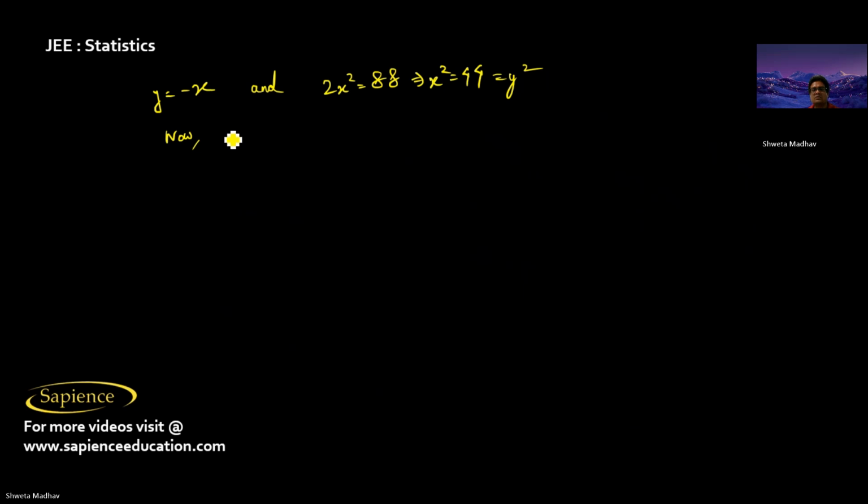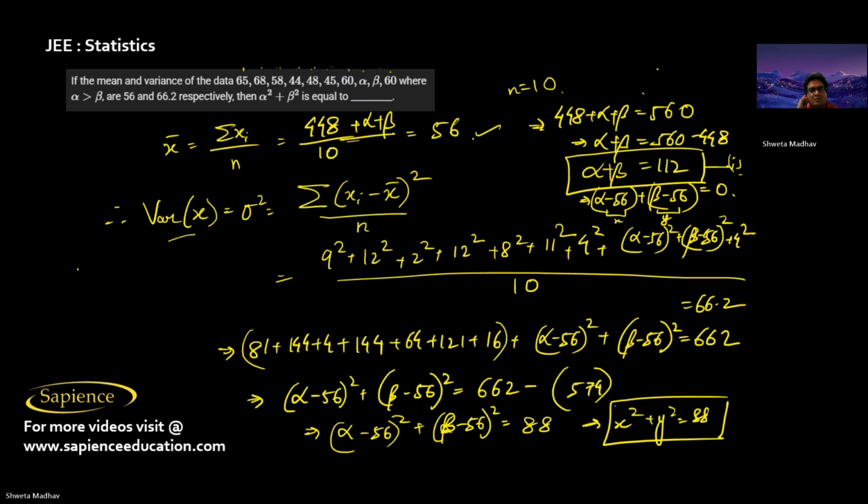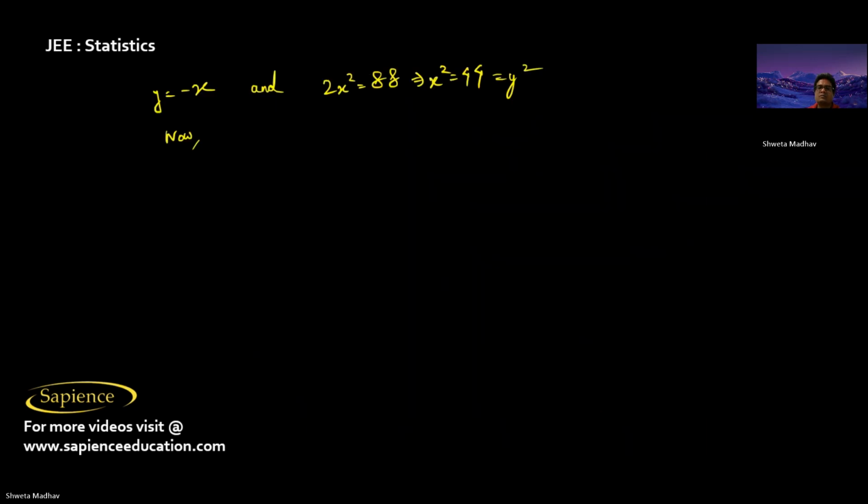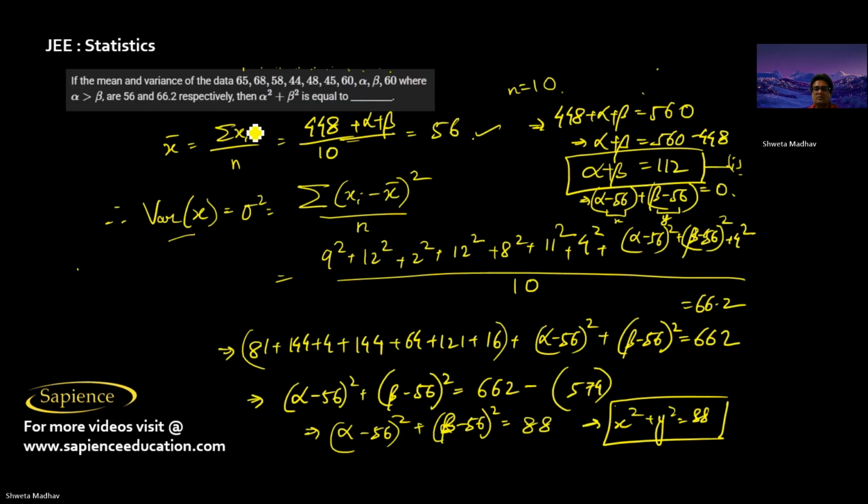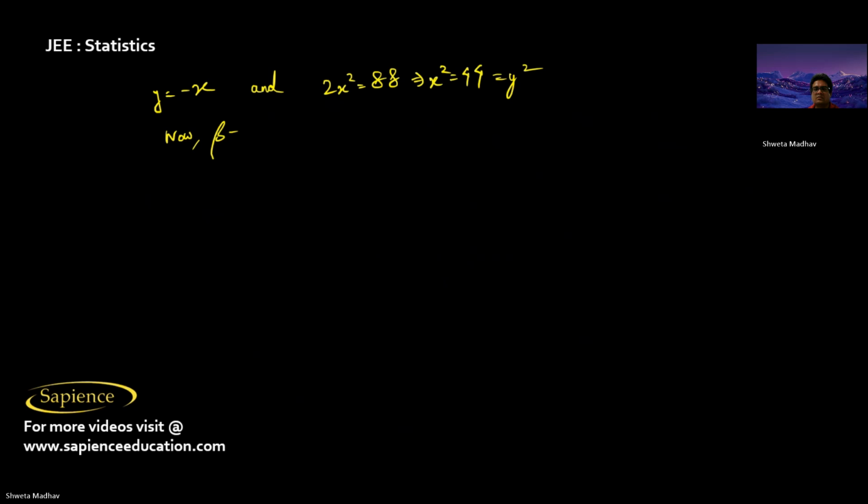So beta minus 56 is equal to minus of alpha minus 56.